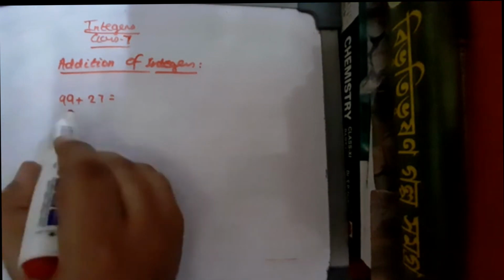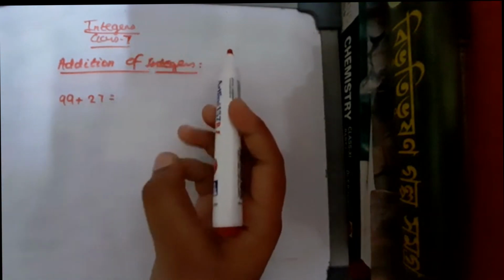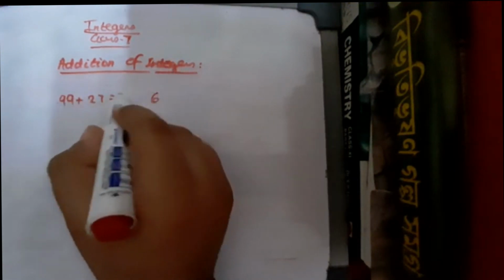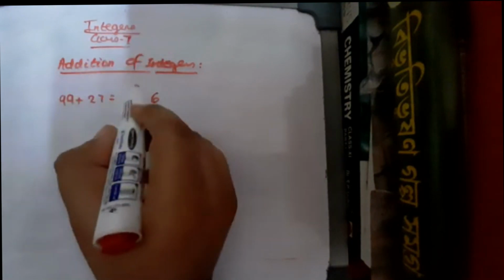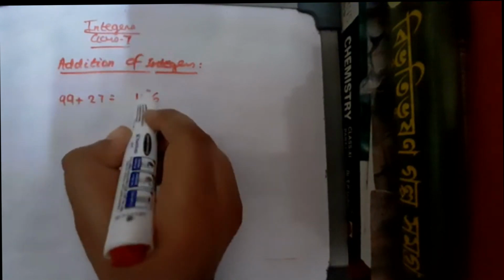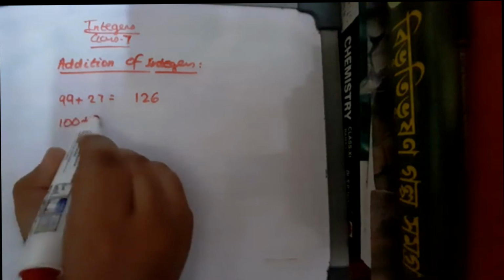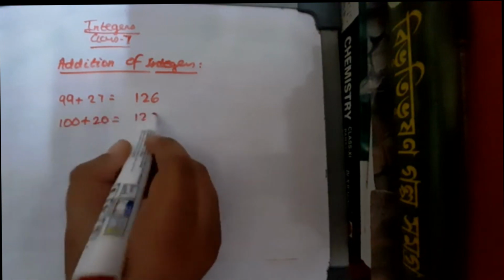You would add 9 and 7, which is 16, and then you would add 9 and 2, which is 11, and add the carryover, which gives 126. If you had, let's say, 100 and you added 20, you would get 120, just like that.